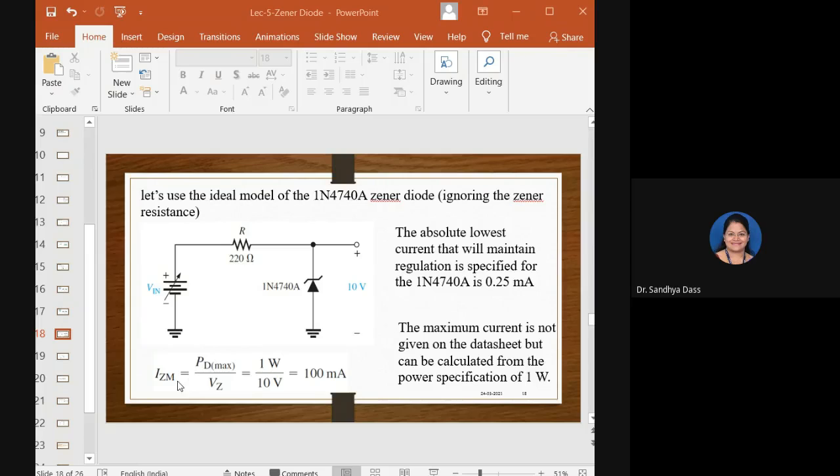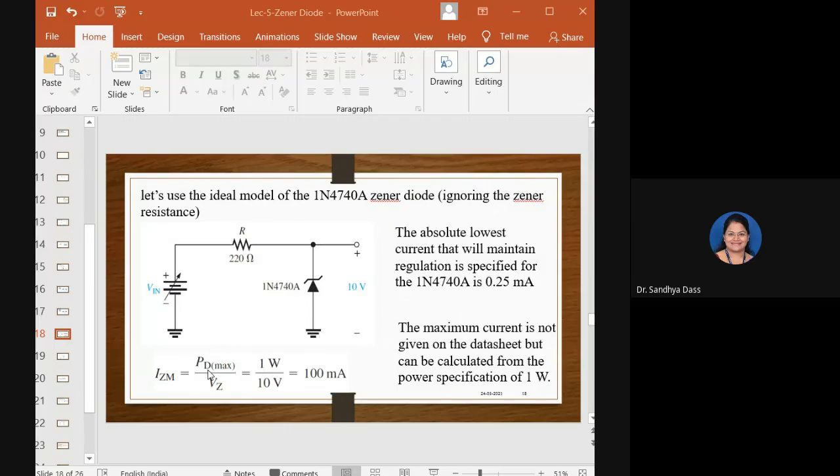simple equation P is equal to VI, we can measure the maximum Zener current. Maximum Zener current, we can take it as power dissipation by Vz. Vz is the voltage across the Zener diode. Please note down things. So the maximum Zener current can be calculated as the ratio of PD by Vz.